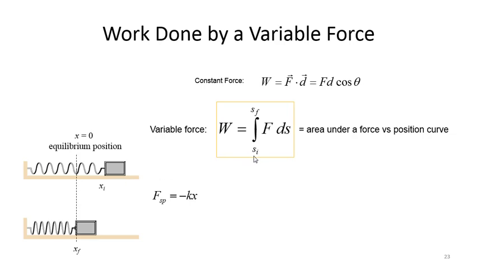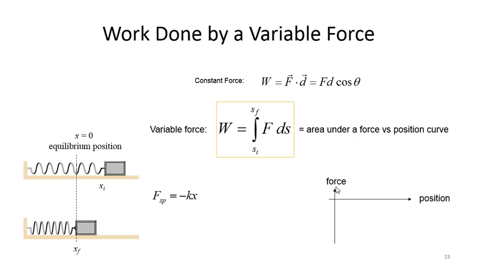I would need to know what's my initial position, so I could call this my x initial, and this would be my x final, which is 0 in this case. So whatever x initial is, I would plug in here. Whatever x final is, in this case 0, I'd plug that in here. I would plug in the formula for my force into here. This would be a dx, and then I could solve how much work is done.